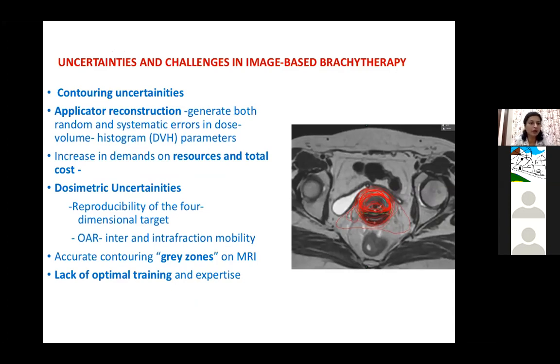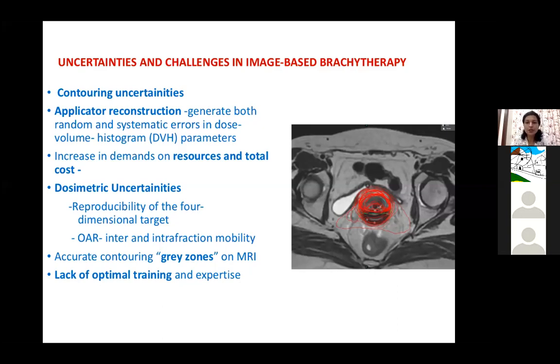Then you have uncertainties related to applicator reconstruction, which can be both random and systematic errors. And of course, there are increased demands of the total cost of brachytherapy, and dosimetric uncertainties are there because you are reproducing a dose on a 4-dimensional target in real time where you are planning at each brachy session. And of course, there are issues with intrafractional variation also of the OARs, namely the bladder and the rectum.